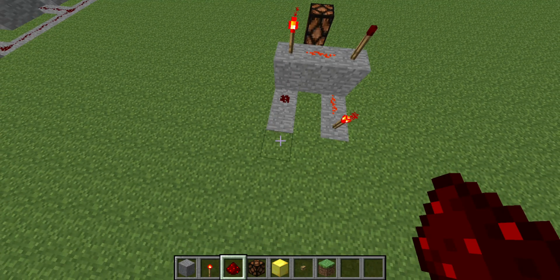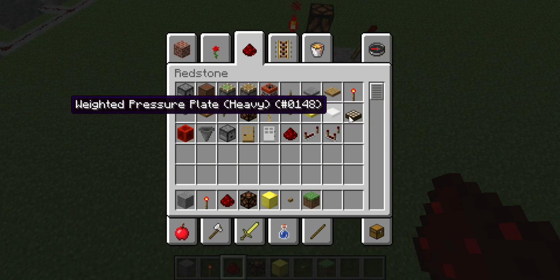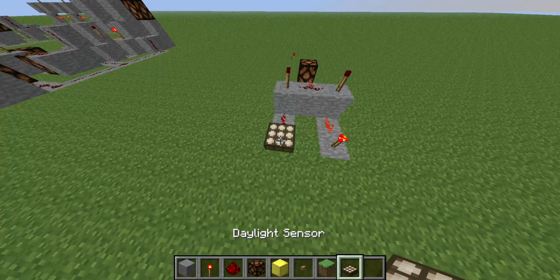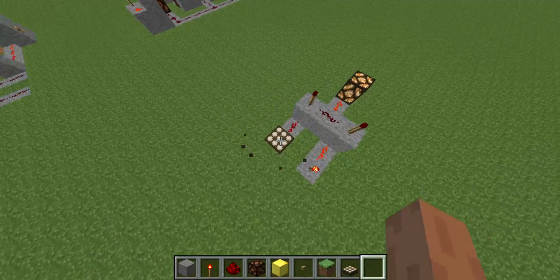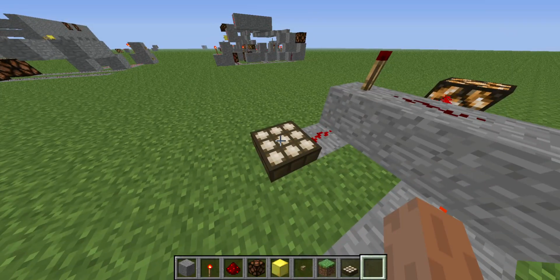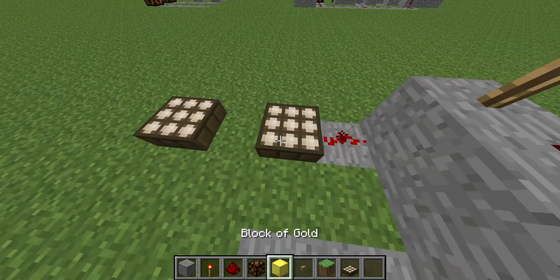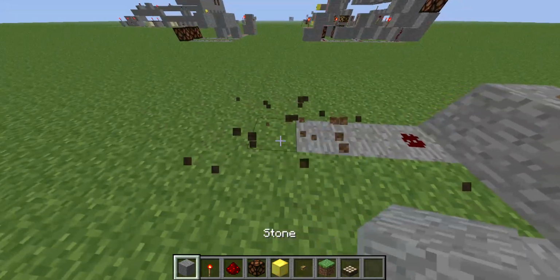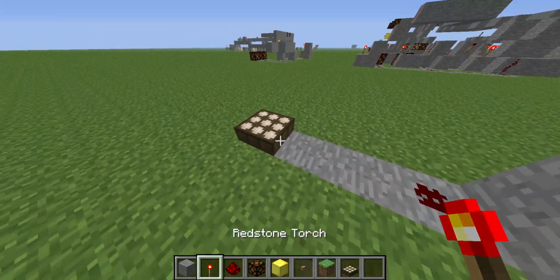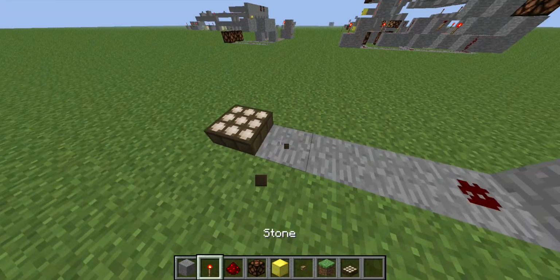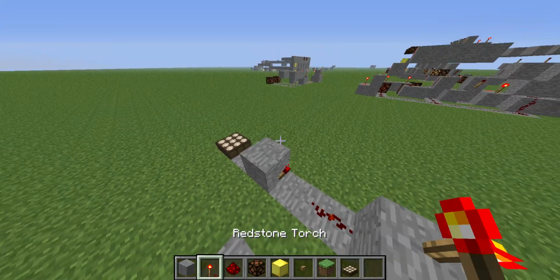Or instead of having expensive sensors, let's just say something like this. If it's nighttime, oh wait, no, that's right, daylight sensors in this version don't do that. So let's say this, okay?